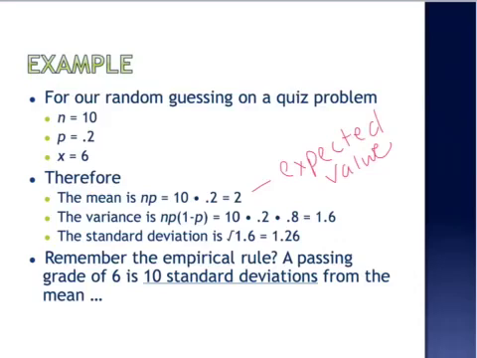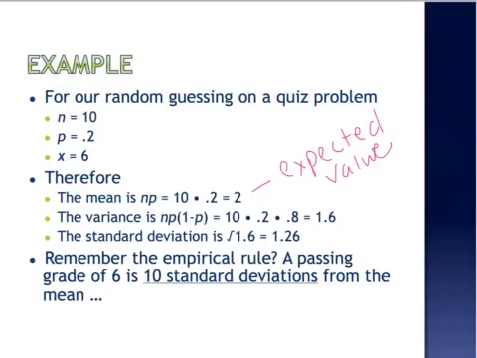Definitely not a 6. The variance, n times p times 1 minus p, 10 times 0.2 times 0.8, is 1.6. And then for the standard deviation, using the square root formula, or the square root of the variance, you would get 1.26. Think way back to chapter 3 when we talked about the empirical rule.